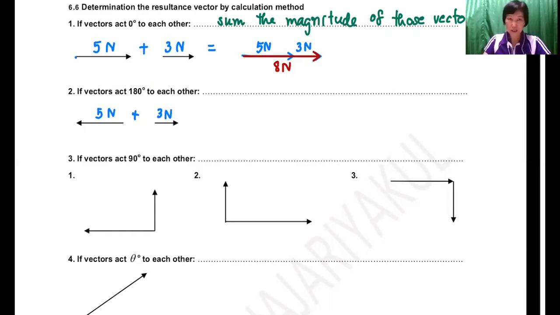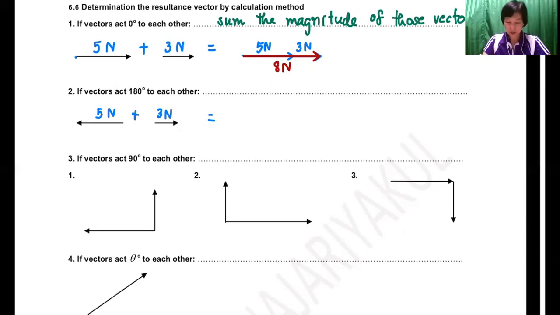Suppose these two forces are pulling the object, one pulling to the left, one pulling to the right. And how much is the resultant force between these two? I think that most of you can answer automatically that the answer is 2 Newton. And which direction is it? It points to the left.